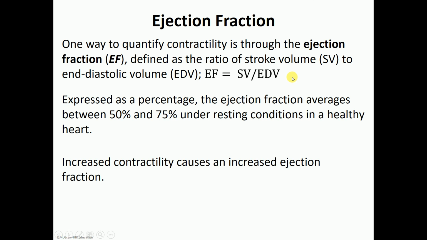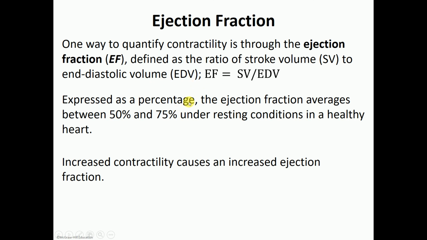Using the same numbers, where the end-diastolic volume was about 100 milliliters and the stroke volume was about 75, the ejection fraction in this case would be about 75%. So your ejection fraction is the ratio between the stroke volume and the end-diastolic volume. So it's a percentage.